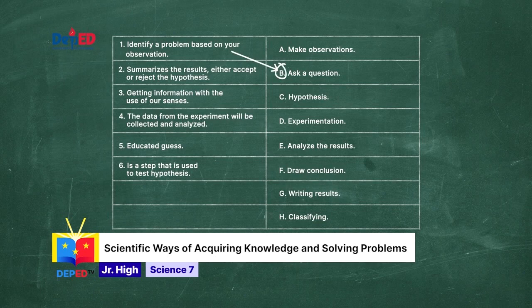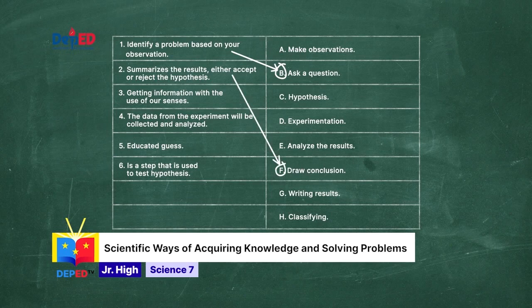Summarizes the results, either accept or reject the hypothesis. Time's up. When you summarize the results, either accept or reject the hypothesis, you actually draw a conclusion. Correct answer is letter F.